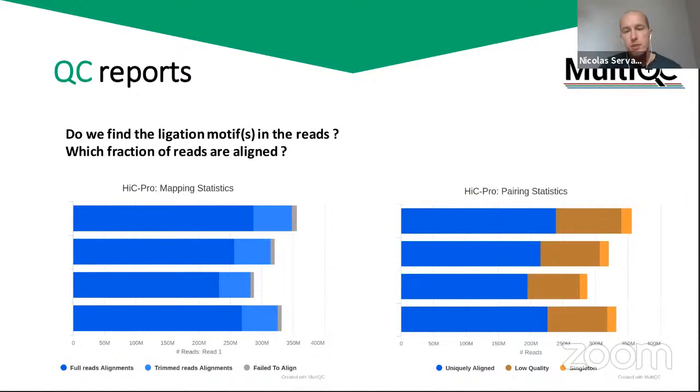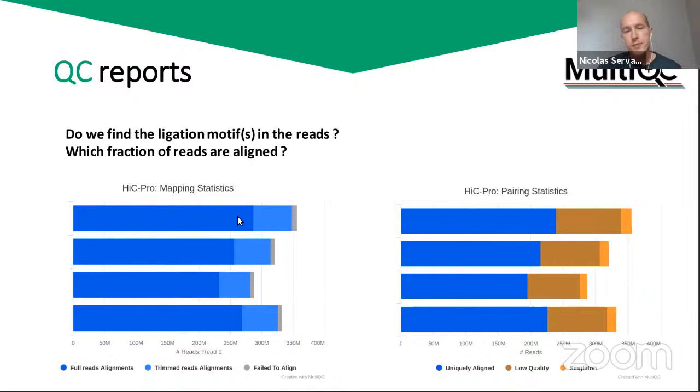At the end of the pipeline, you do have a couple of quality controls, which are so far based on the HiC-Pro module that you have in MultiQC, where you have a couple of graphs. The first one is about mapping statistics, so how many reads are aligned on the genome.